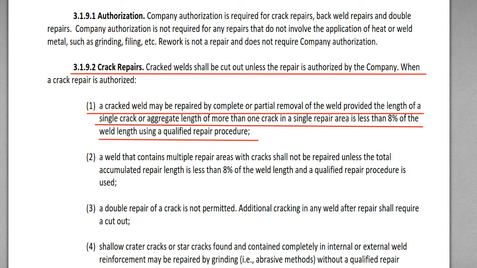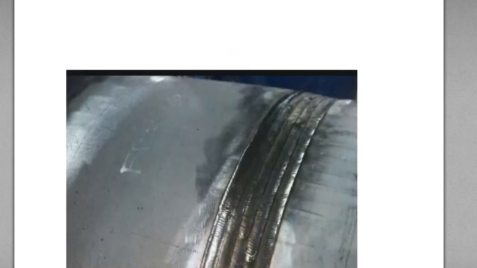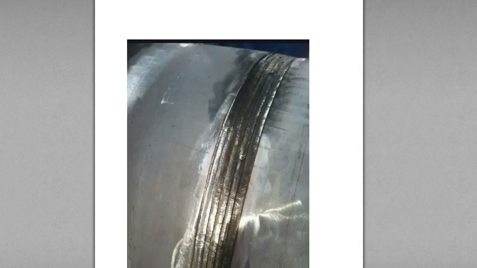Condition 2 is that the single crack, or the aggregate length of more than one crack in a single repair area, is less than 8% of the weld length. So what does it mean? I will show you a picture with a crack. I will make a crack here as an example.